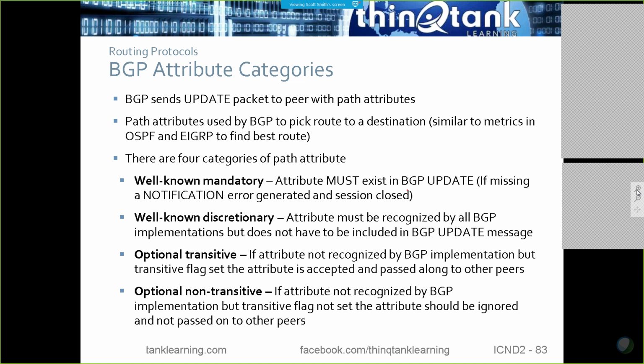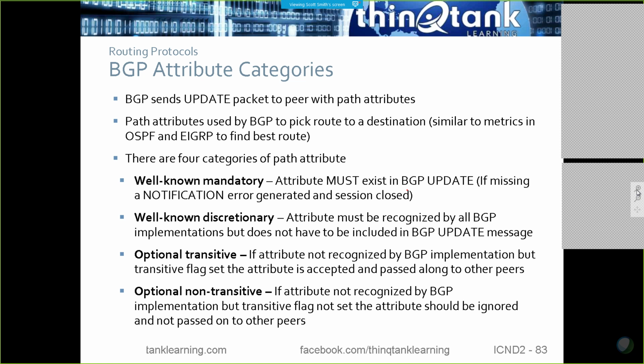Optional transitive. If the attribute is not recognized by BGP implementations, but the transitive flag is set, the attribute is accepted and passed along to other peers. Okay, so what does that mean? It means that I don't know what that attribute is. It's an optional attribute, right? Optional means you may or may not know it.